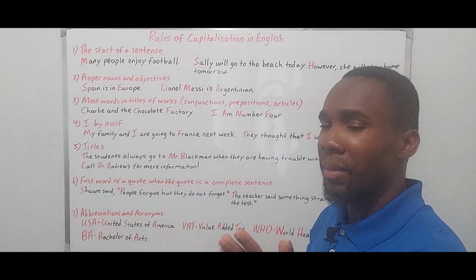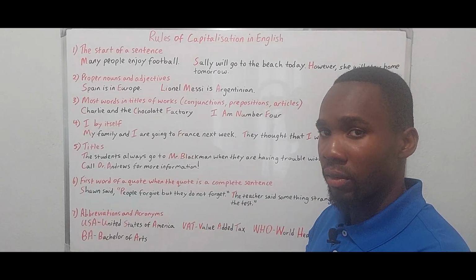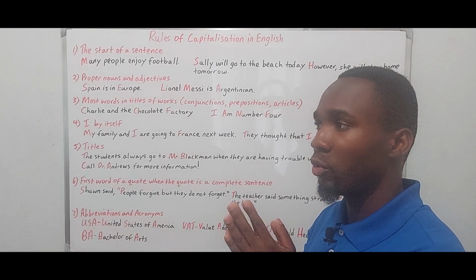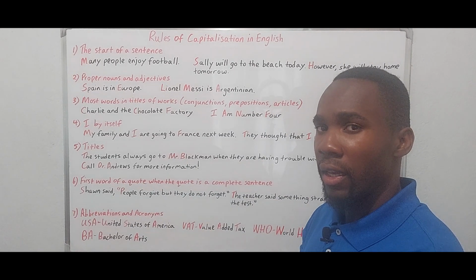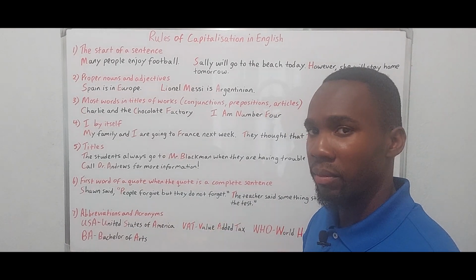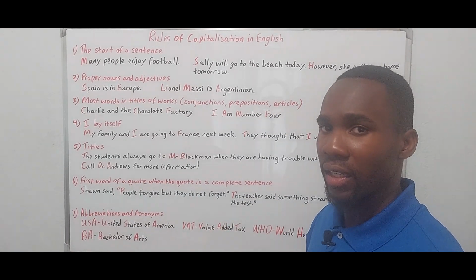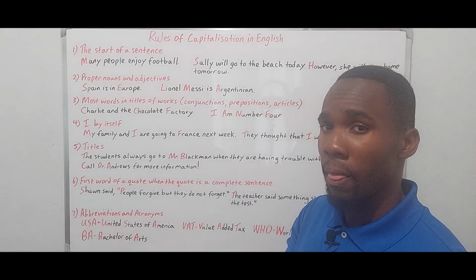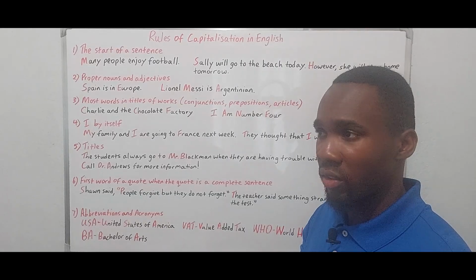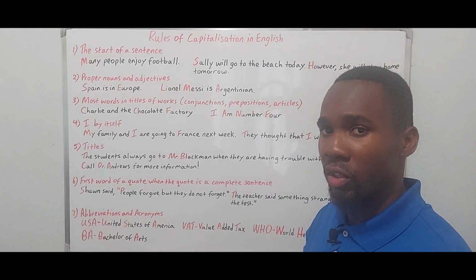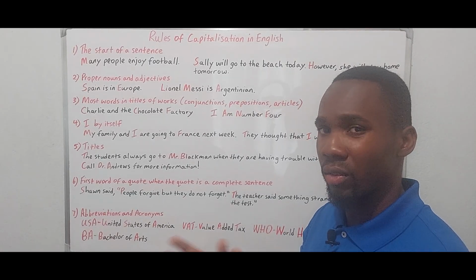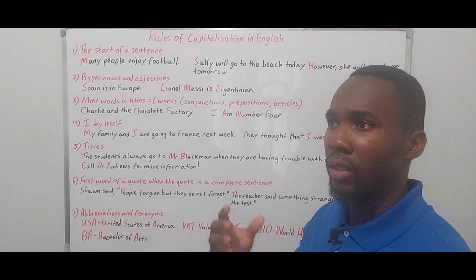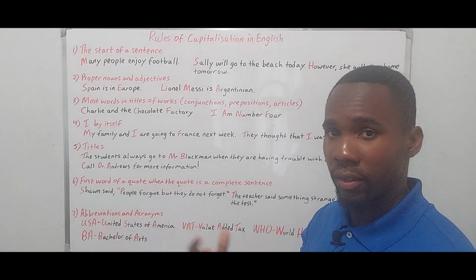So if we use them as direct addresses, okay? So let's use mom. If I say my mom, now mom is common in that case because we have the possessive adjective before it, my, okay? It is just a general word used to describe the relation, right?